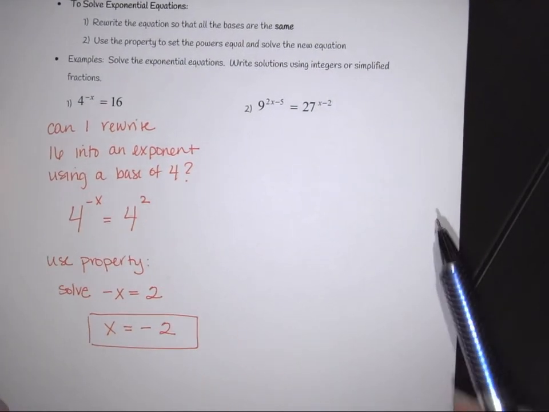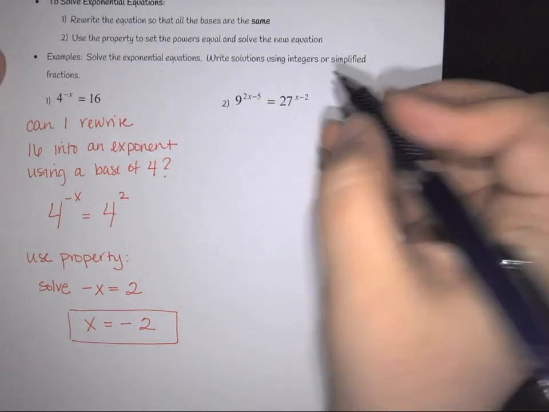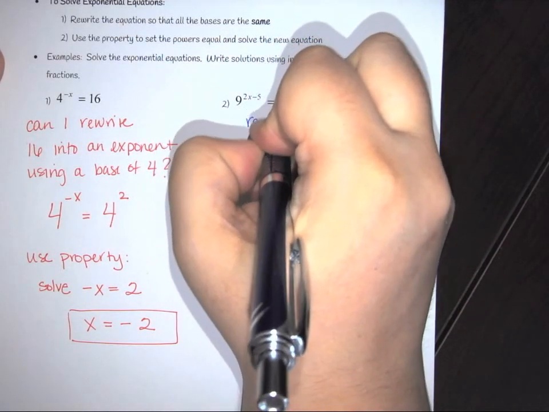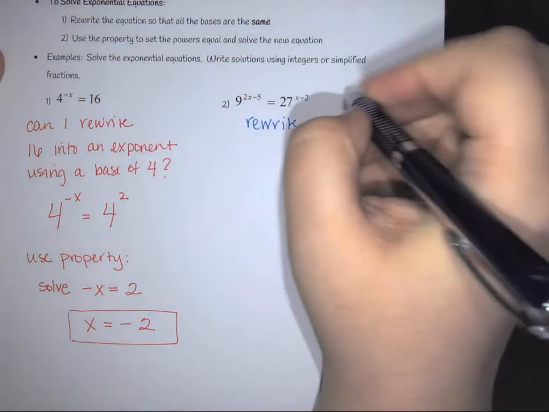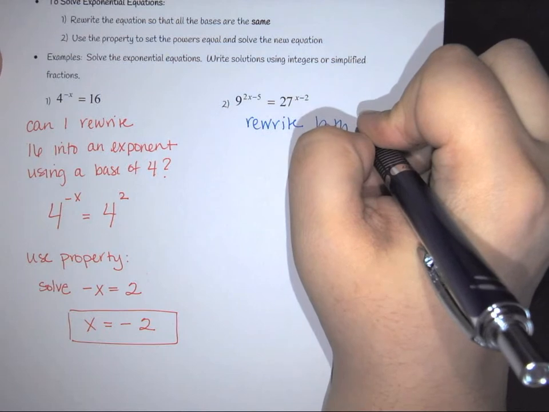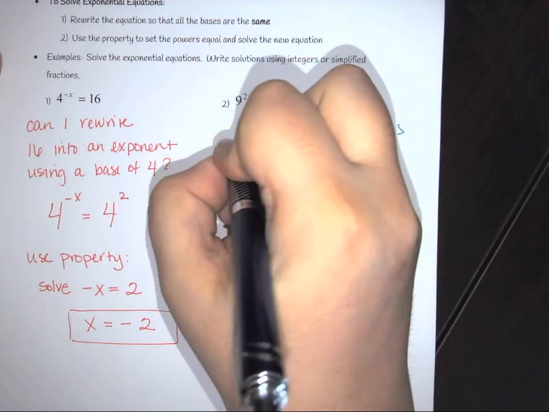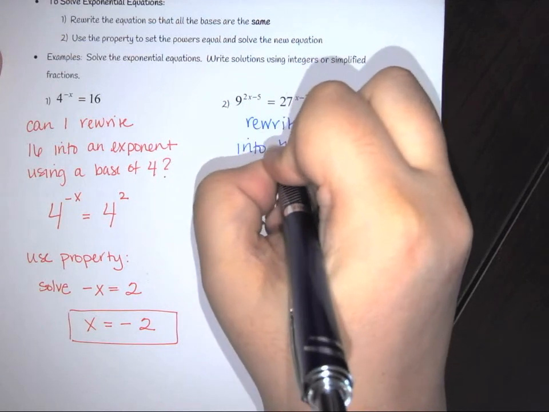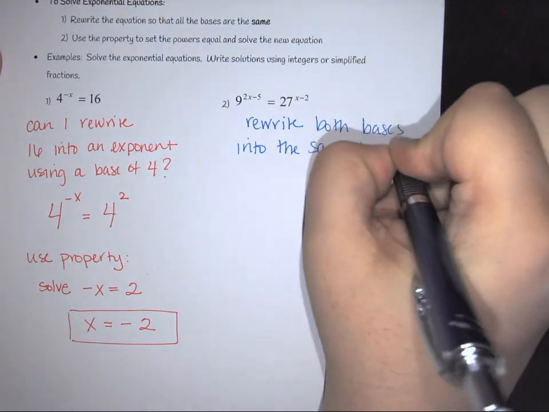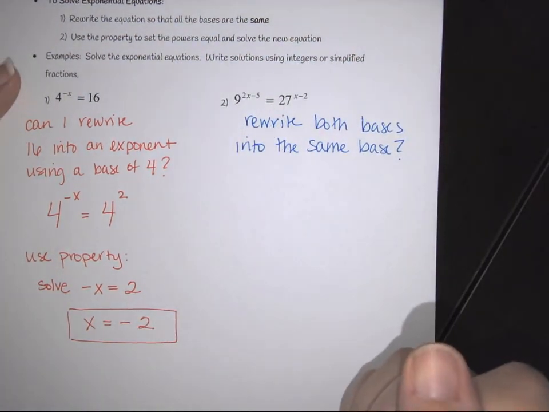So now let's do it with something that's slightly more complicated. What you have to ask yourself here is, can you rewrite both bases into the same base? Well, that means you have to look at what's in common.